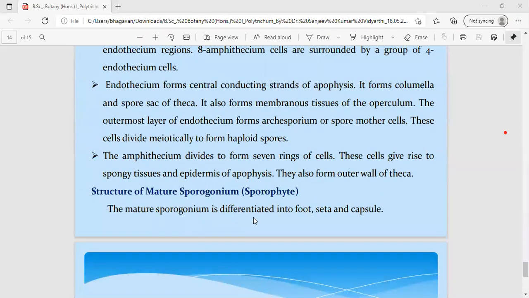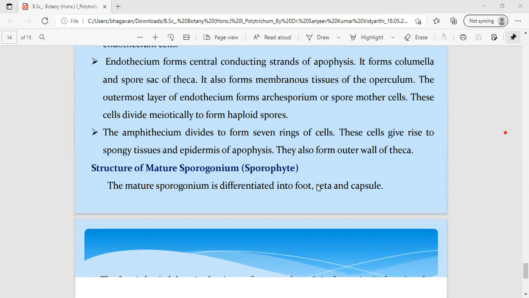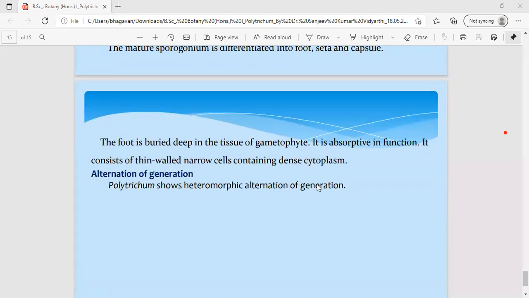So the mature sporogonium is differentiated into foot, seta, and the capsule. Let me show it there.